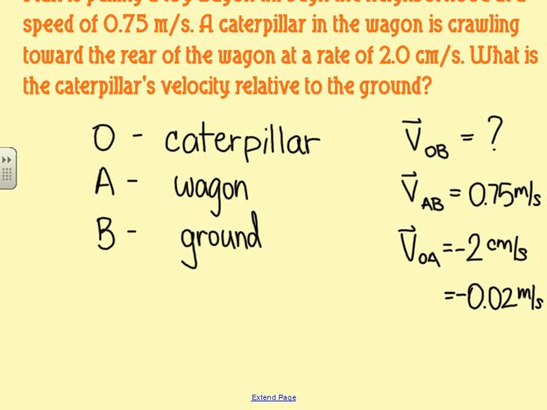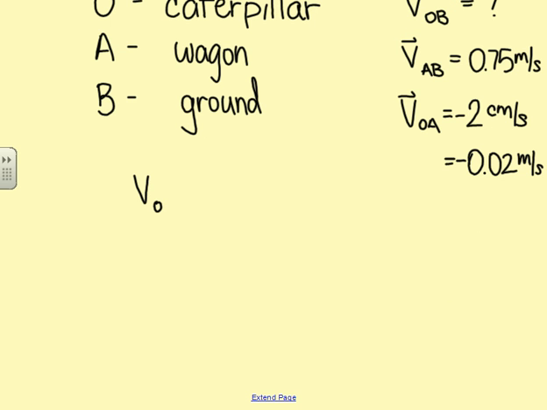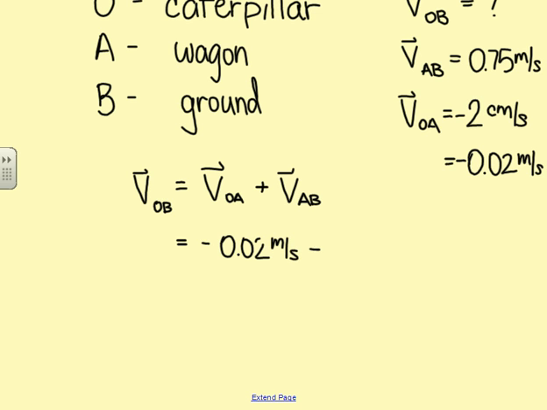Now I can plug things into my equation that I'm given. The velocity of our object relative to reference frame B, or the velocity of the caterpillar relative to the ground, is equal to the velocity of the object relative to reference frame A, plus the velocity of reference frame A relative to reference frame B. Now I can just plug in the numbers that I have: negative 0.02 meters per second, plus 0.75 meters per second, and I see that I get 0.73 meters per second.